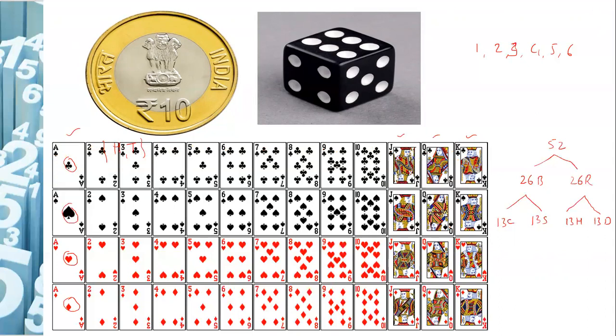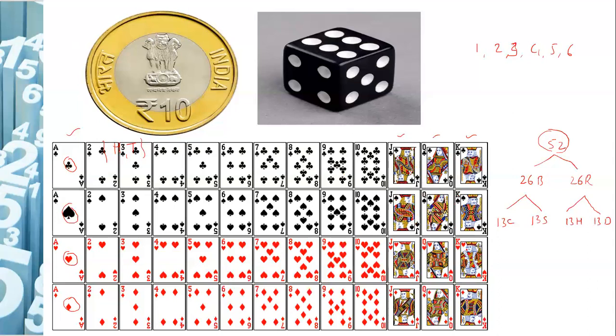Suppose I ask how many aces are there in a pack of 52? This is the total pack, a big pack of 52. Aces means 1, 2, 3, 4: one ace with club symbol, one with spade, one with heart, one with diamond. Similarly, how many jockey cards are there? Jockey again 4. How many queens? 4. How many kings? 4.